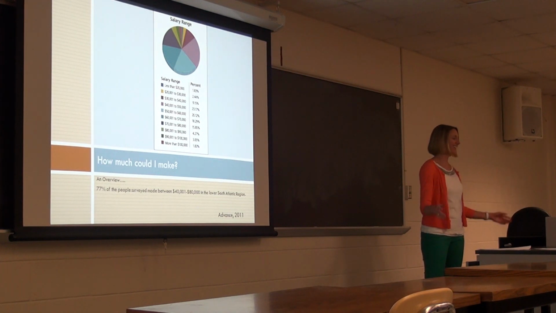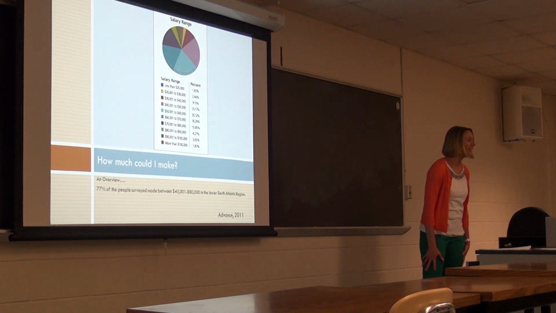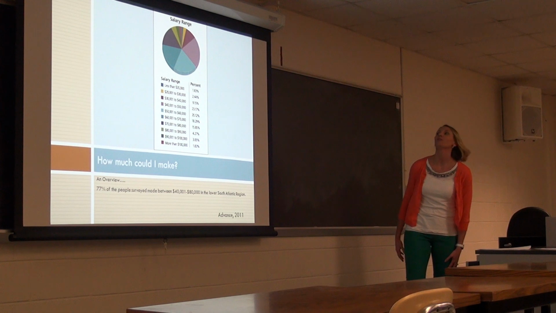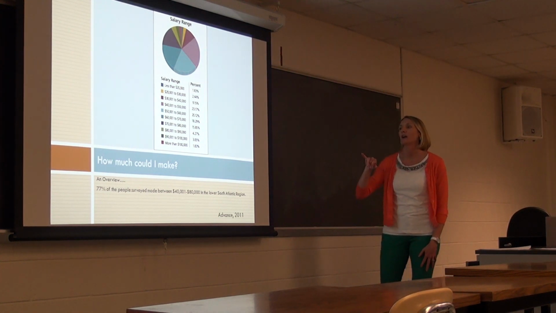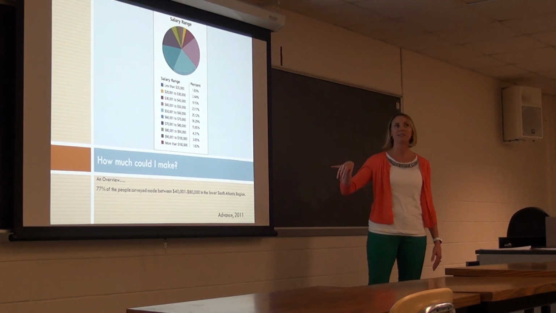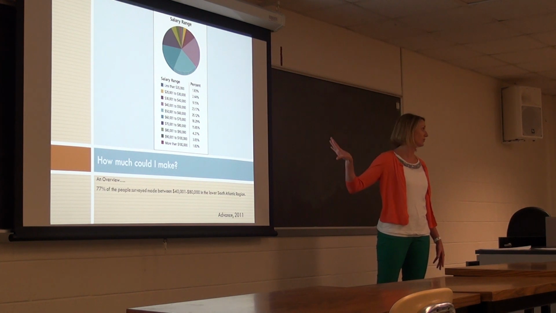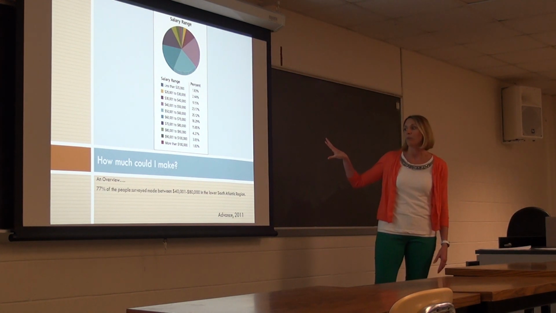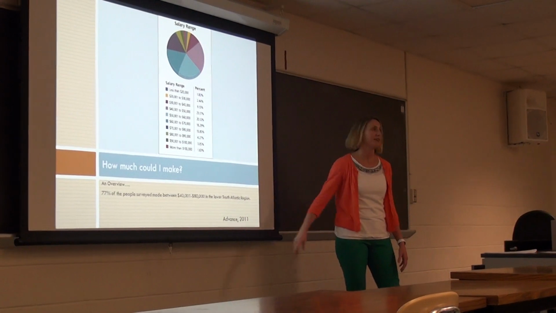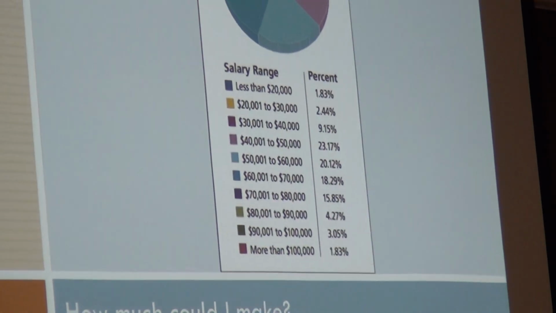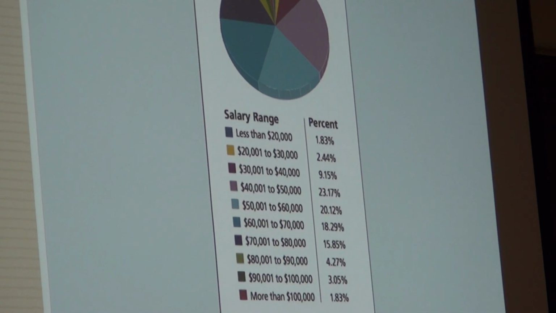Money. How much can I make? If you look at what I provided you here, right at 77% of the people that they surveyed, this was from 2011, were making in the range of $40,000 to $80,000. So that's pretty much what you can expect to make, somewhere in that range.